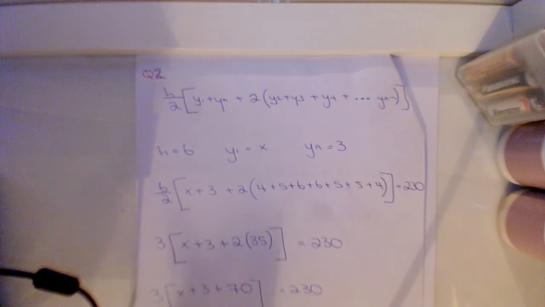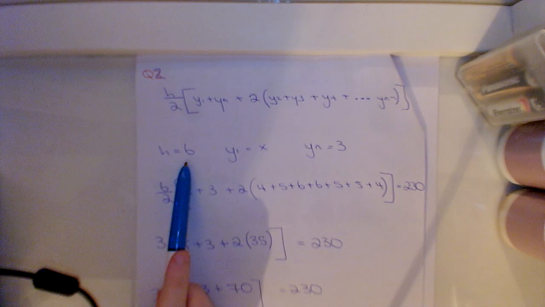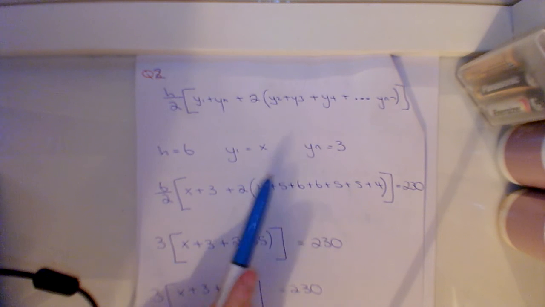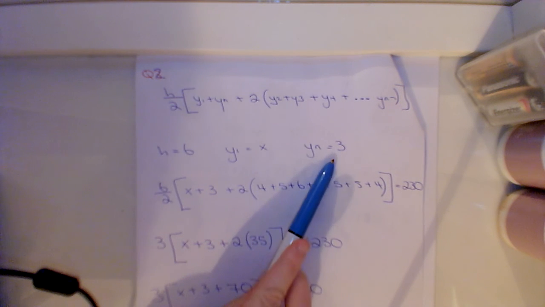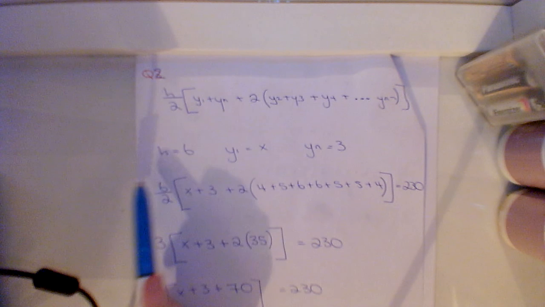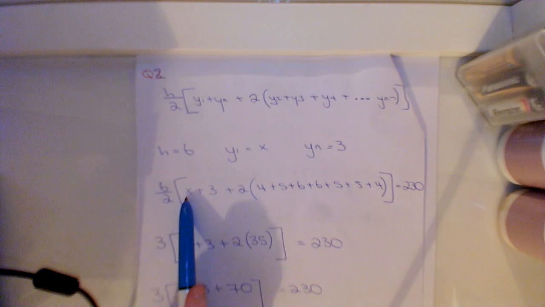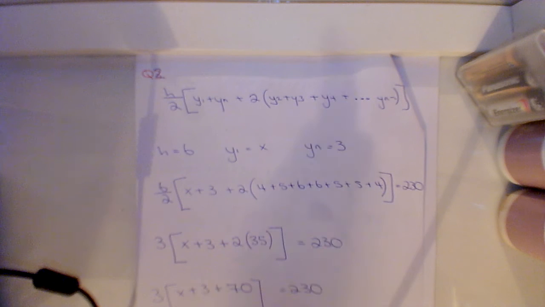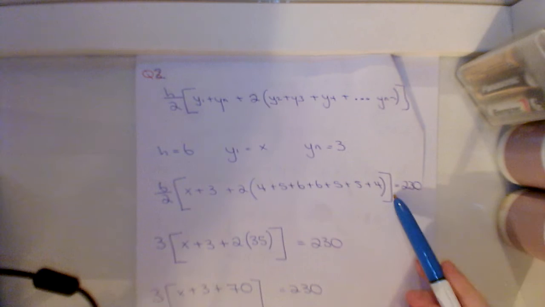On to question 2 then. I have my formula here, and in question 2 I have h is equal to 6, my first value y1 I don't know, so I say x, and my last value yn is 3. Filling into my formula, I'll have 6 over 2 bracket x plus 3 plus 2 times all the values in between, and my answer this time is equal to 230.